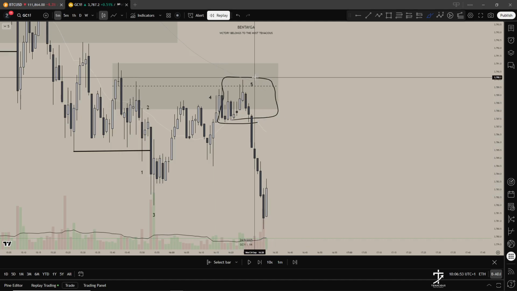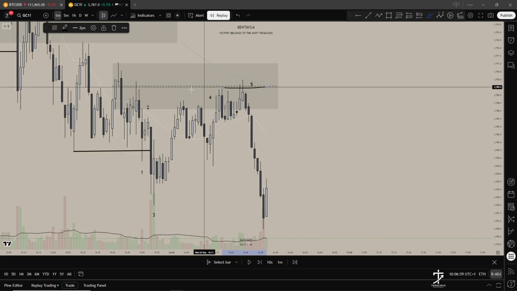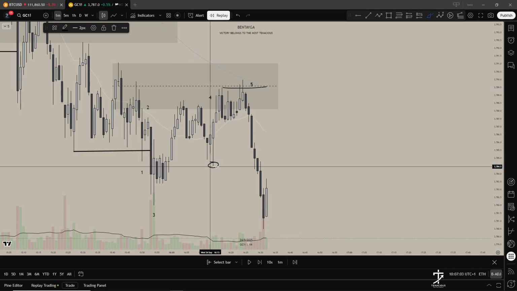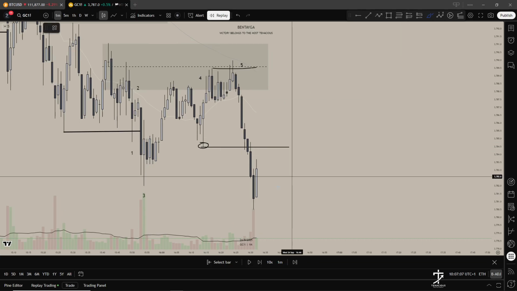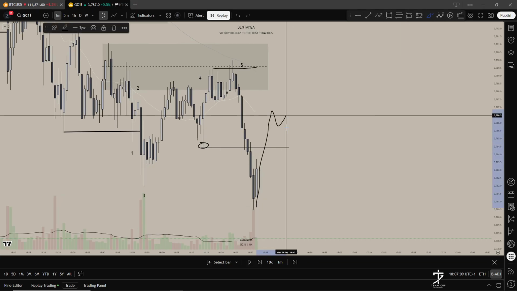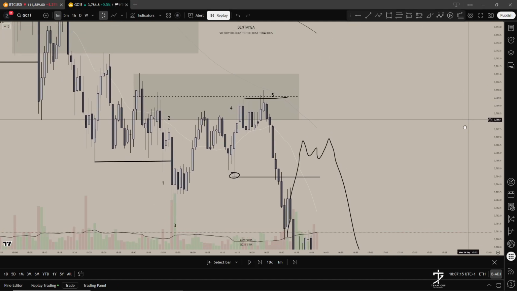But if you're looking at it from proper structure, then these highs got taken out, we didn't candle close, and my last low is this area here. You can see how we've closed below this low here. So now I can look for something within this zone here. Hopefully we pull back, tap into something, and obviously make our way back down. But when you let price play out, that doesn't happen and price keeps dumping.